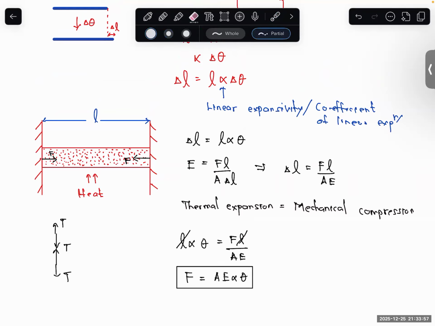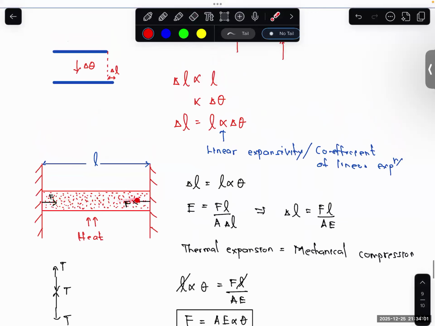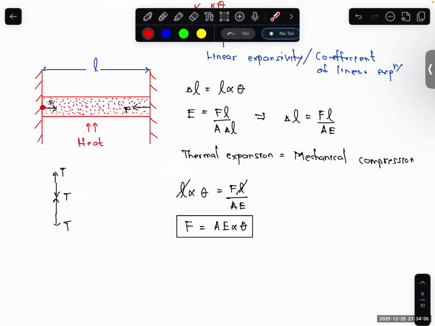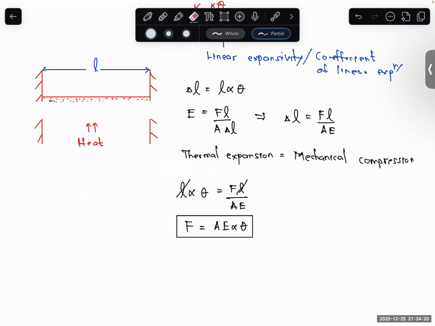The force is F everywhere along the length. This wall will be applying F to this side, and this wall will be applying F to this side. Everywhere the compressive force is F. So you don't cancel this. Some students say the F from this side and F from this side cancel, so therefore it's 0. That's the big misconception.